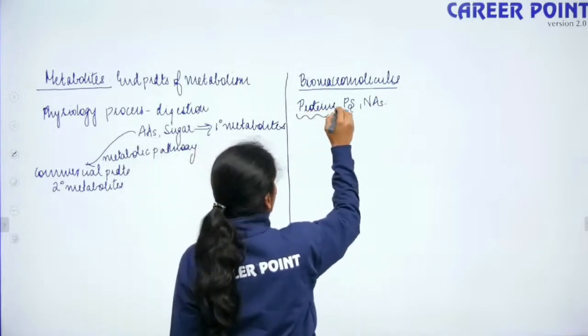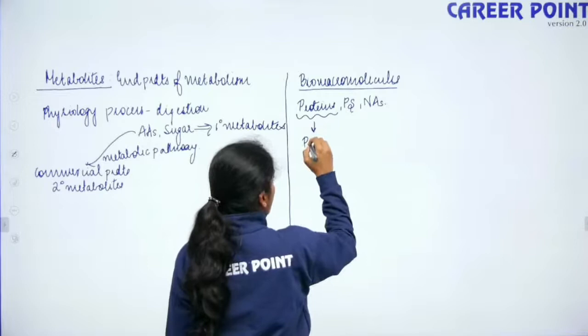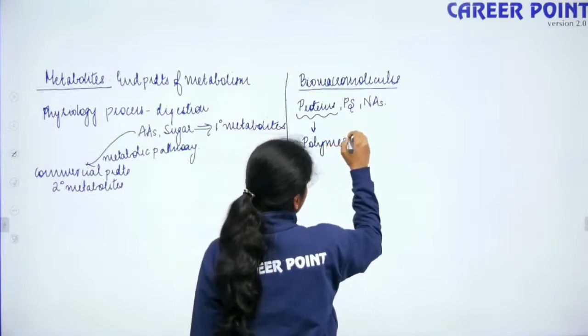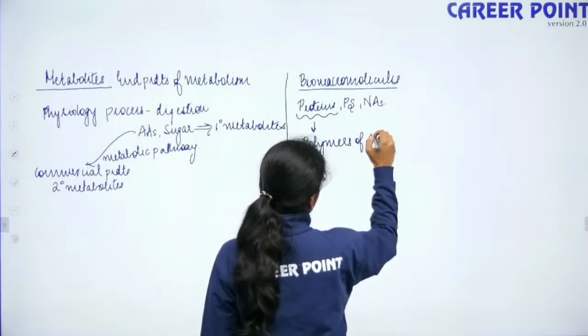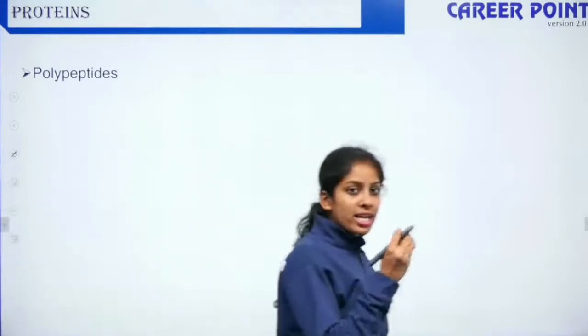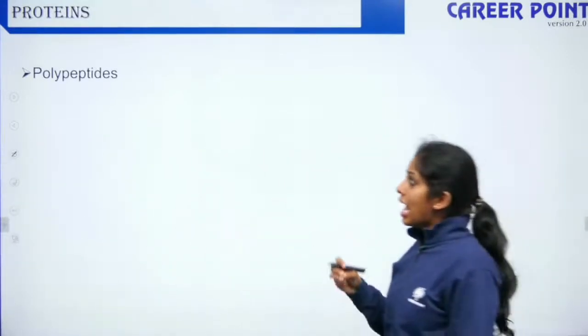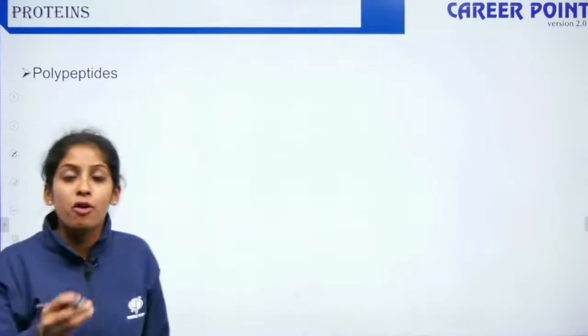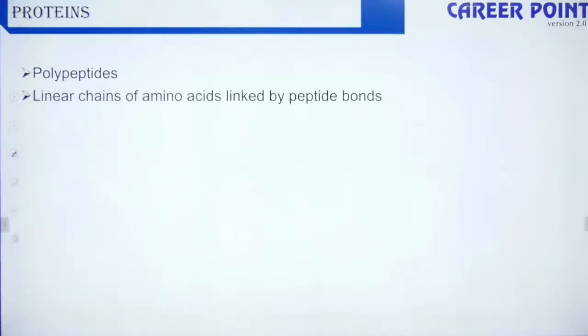So proteins are polymers of amino acids. So we will talk much in detail about the proteins. So proteins are polypeptides. Poly is many, right? And peptides means it is made up of peptide bonds. So it is made up of a linear chain of amino acids which is linked by peptide bonds.